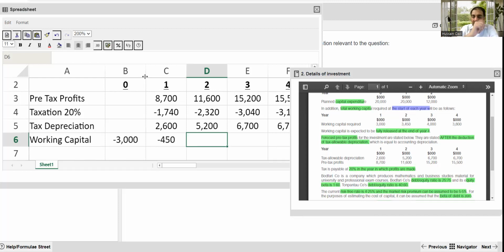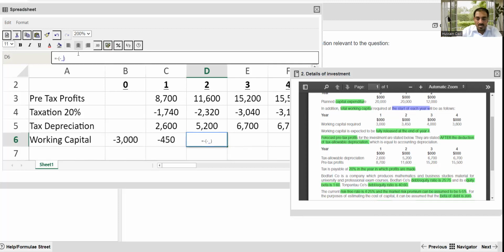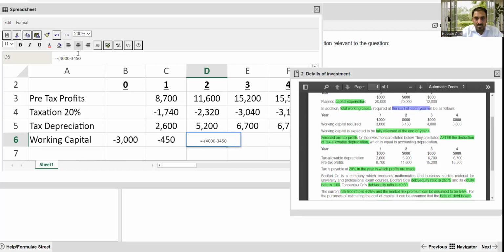But it's very simple. Year 3, start of year 2: 4,000 minus 3,450. That's 550.